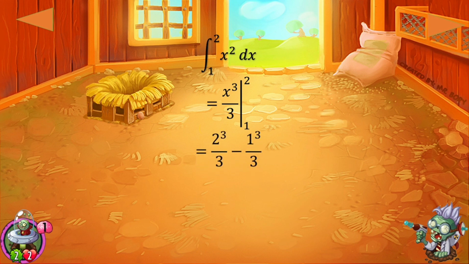Substitute the upper limit and the lower limit. So 2 cubed over 3 minus 1 cubed over 3. 2 cubed will be equal to 8, so 8 over 3 minus 1 cubed, which is 1. Therefore, we're having 1 third. So 8 over 3 minus 1 third will be equal to 7 over 3.